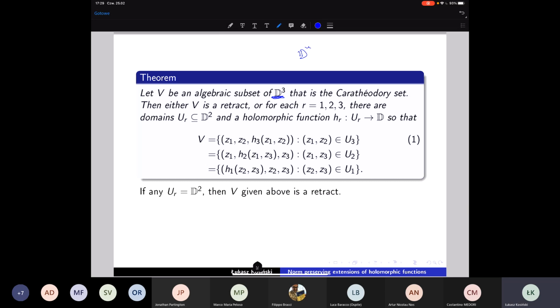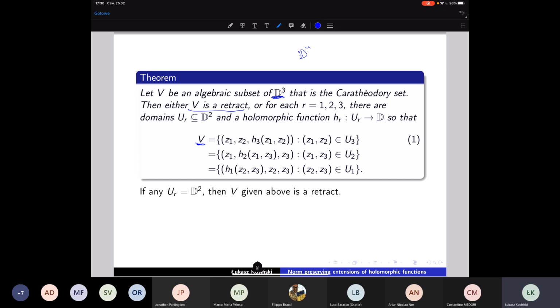And this is what we were able to show with Zwonek. If V is an algebraic subset of D3 that is a C set, then V is either a geodesic or the bidisc after an automorphism, or it has the following form: z1, z2, h3(z1, z2), or V is smooth.